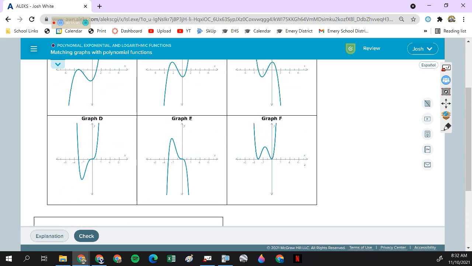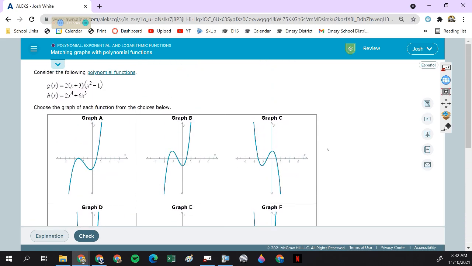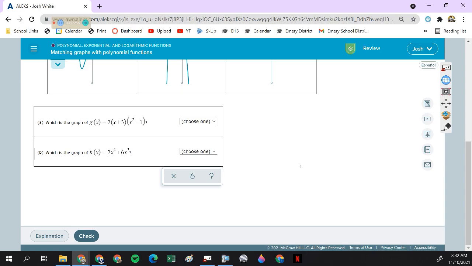All right, matching graphs with polynomials. Okay. You could just type this in your calculator and graph it, but there's actually a much easier way. So how many x's does this have? 3. And it's a positive, so it has to look like this, right?